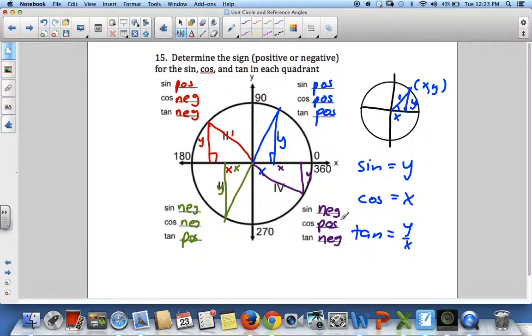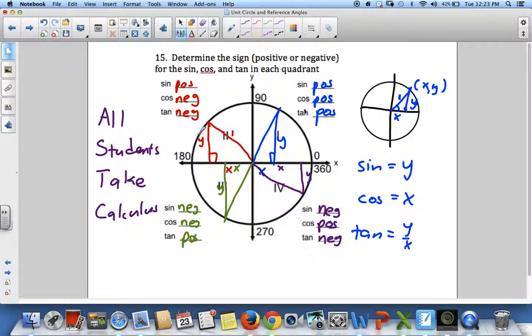So basically, we need to realize in which quadrant we have positives and negatives. Some people memorize an acronym we use: All Students Take Calculus. What this helps us out with is, in quadrant 1, that's this one over here, they're all positive.